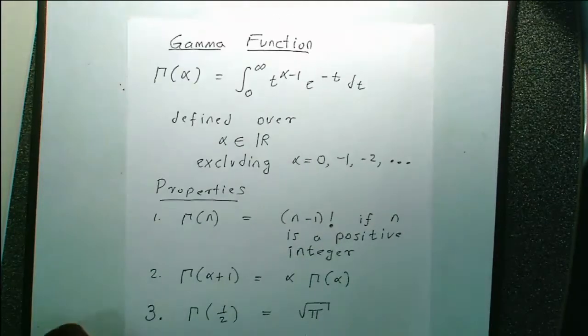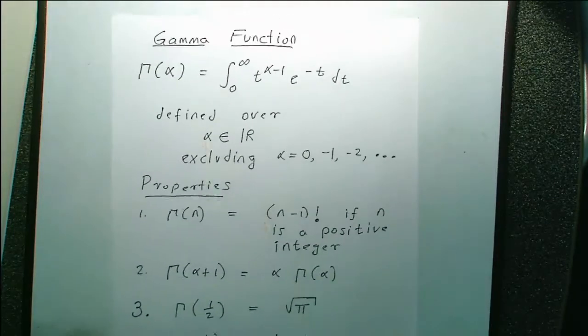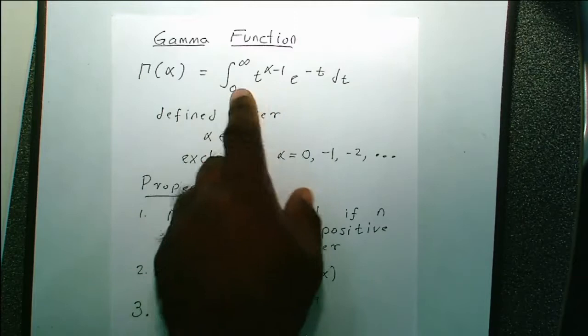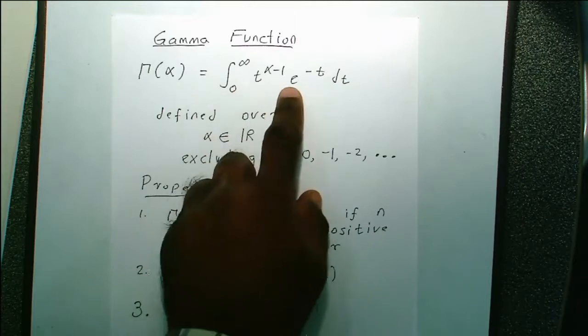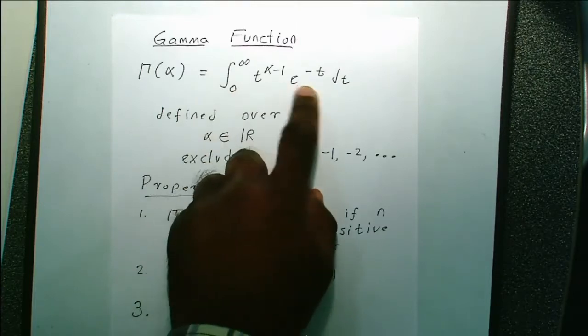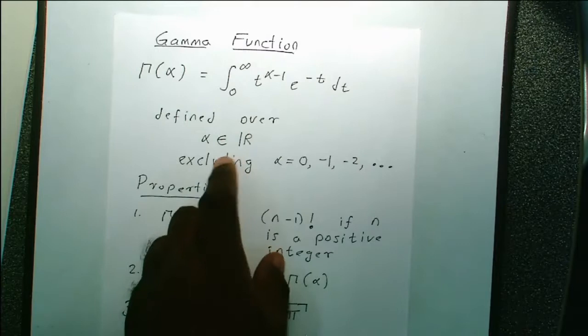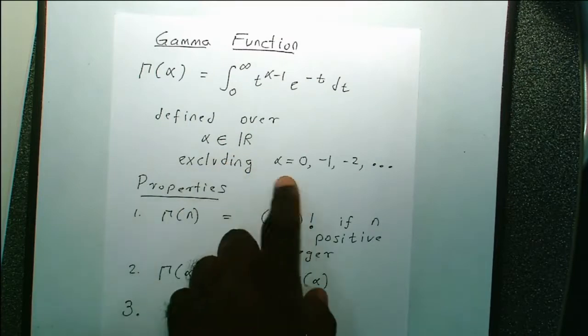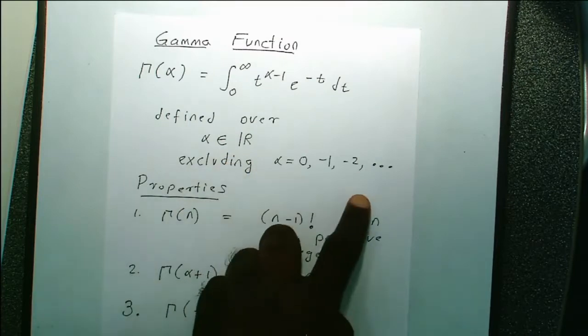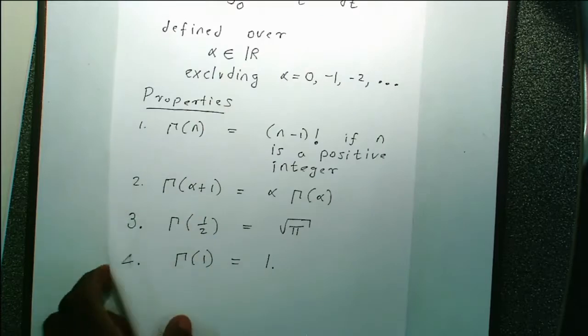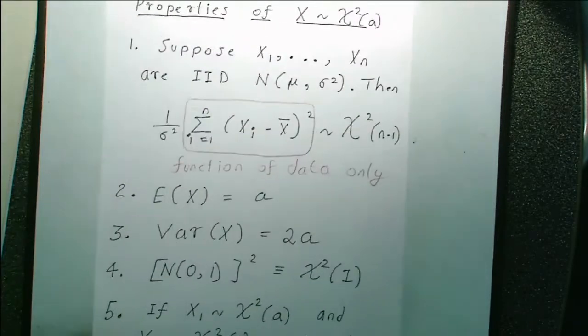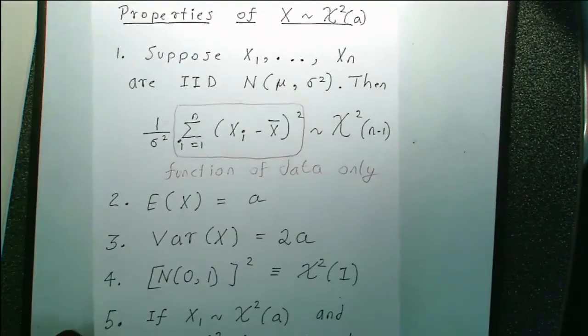Then I also talked briefly about the gamma function. The gamma function is defined as the integral of this function, and is defined over the entire real line except at the points 0, -1, -2, etc. These are some properties of the gamma function. Then I talked about some properties of the chi-squared variable.